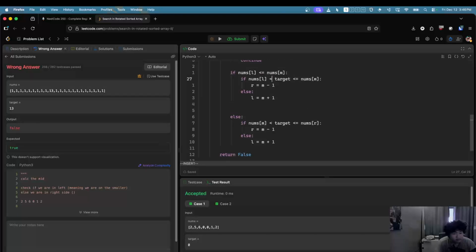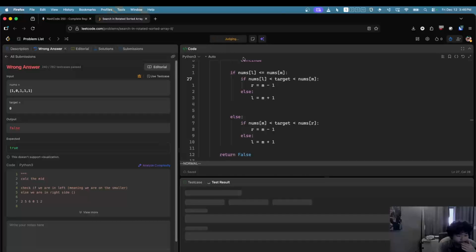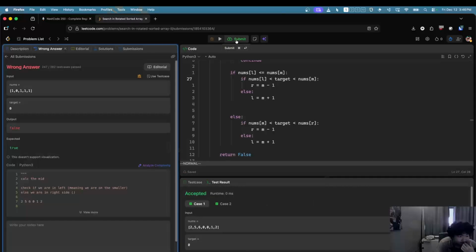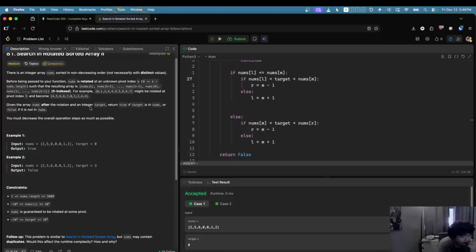Oh, maybe, hold on, I don't do this. Okay, hold on, what am I missing here? I feel like I'm supposed to skip duplicates. Let me get rid of all of these. So what about cases like this? I think these are fine. We can say equal to. But I never want it to be equal to the middle.